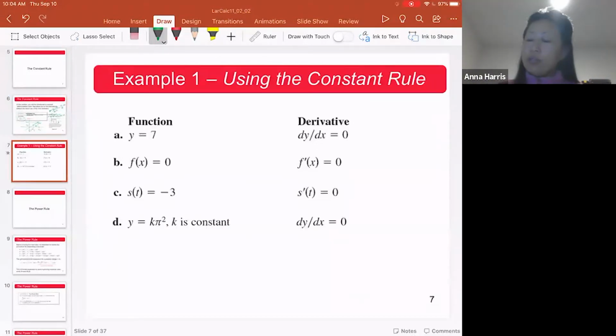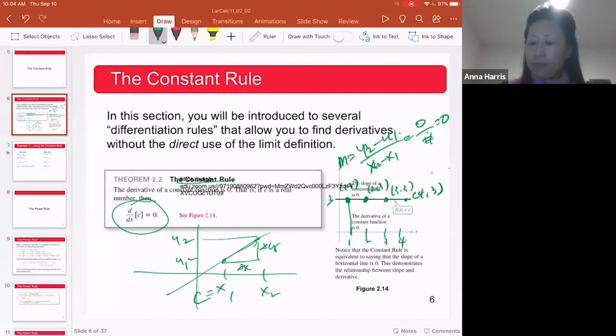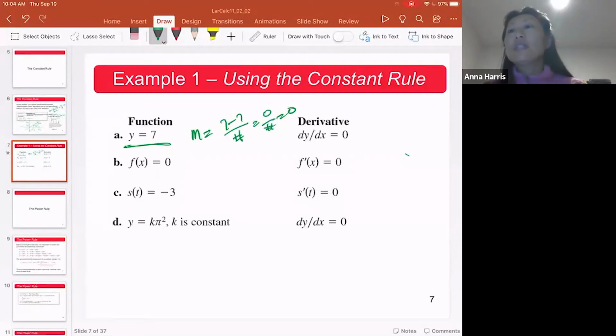In other words, for y equal to 7, the slope would be 7 minus 7 over some number, which is 0. So the derivative is 0. Just memorize it, okay? If it's a constant function, your derivative is 0.